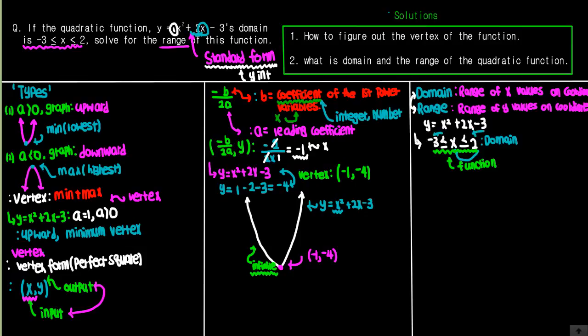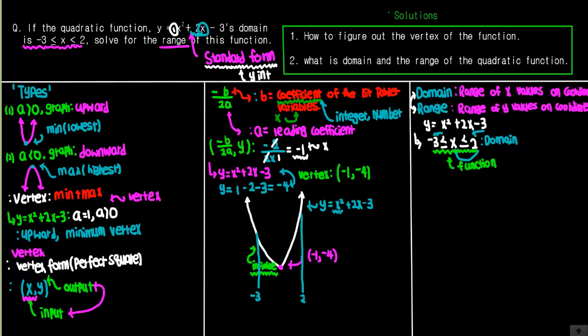So we need to say that -3 and 2 are the x values. If this is -1, -3 is somewhere right over here. So this is -3. And 2 is somewhere right over here. So basically -3 is here, and 2 is here.